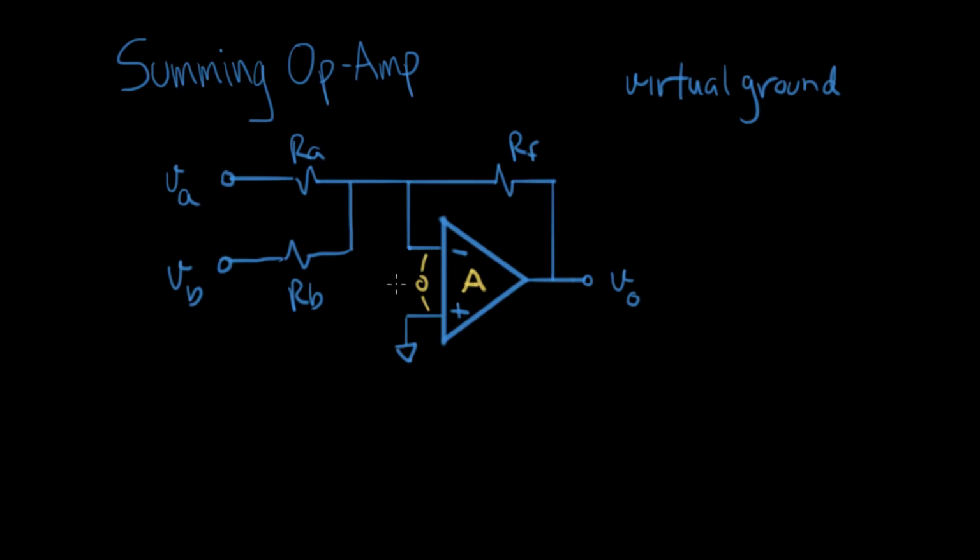They'll be only microvolts apart at most. And because they're so close, we can just say they're the same for the purposes of analyzing this circuit. And since this input is at 0 volts, this is very close to 0 volts. So this node here we say is at a virtual ground.